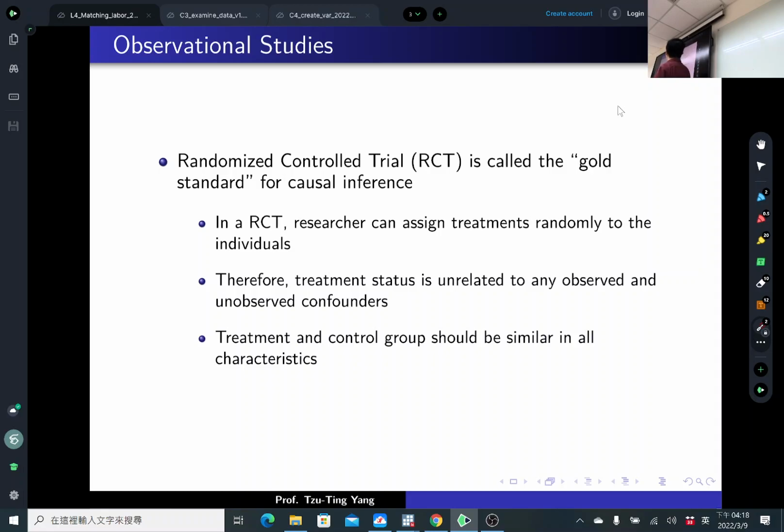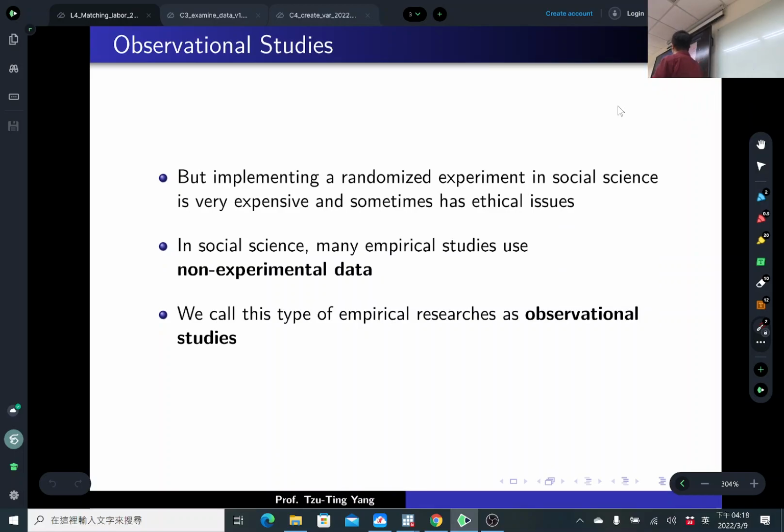Okay. But in social science, it's very hard to implement this randomized control trial. Usually it's only in life science or natural science that we can use a randomized control trial.